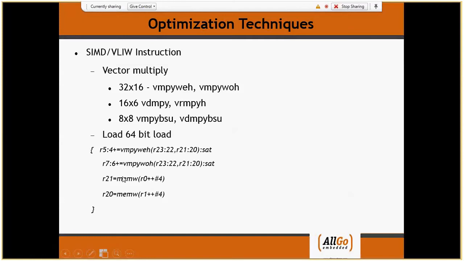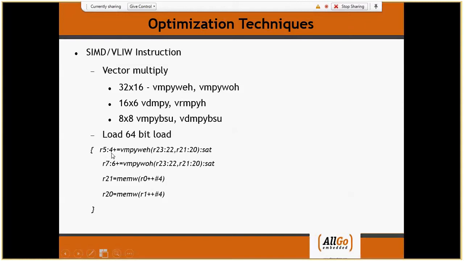So I have shown you one example here where we try to use VMPY WEH, and there's a 2 multiplication and accumulation along with saturation. So this instruction even saturates. If there's an overflow in your multiplication accumulation, it saturates and accumulates with the accumulator.